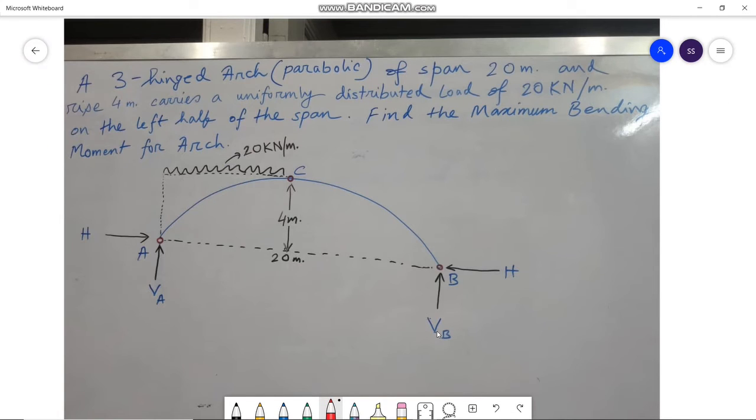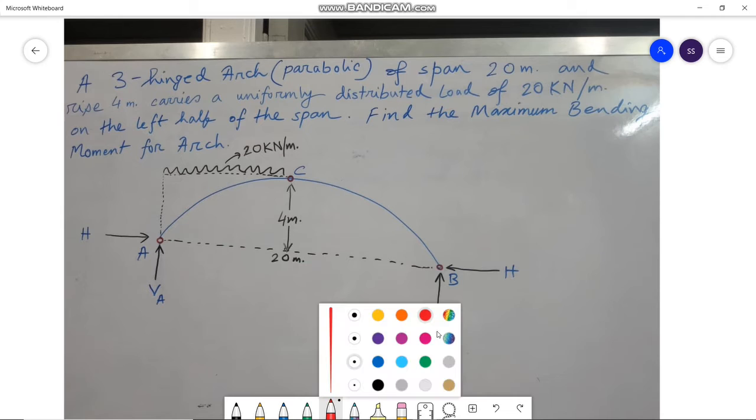So let us do a problem on a 3-hinge parabolic arch. The problem is this one.